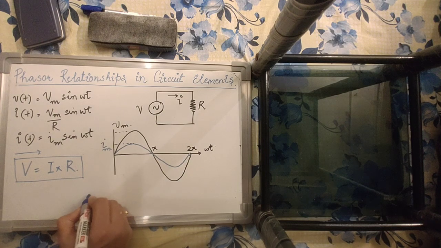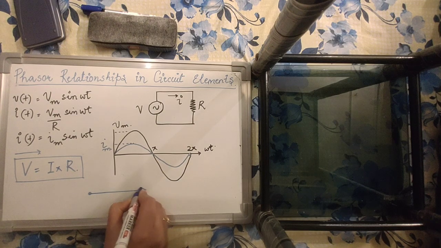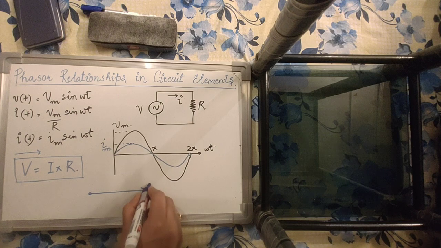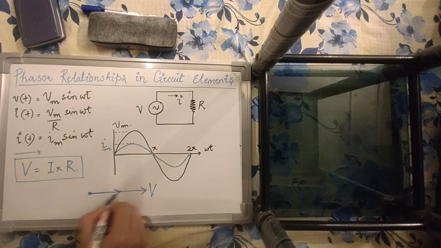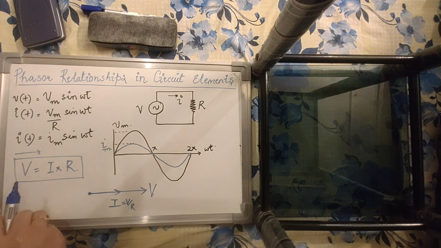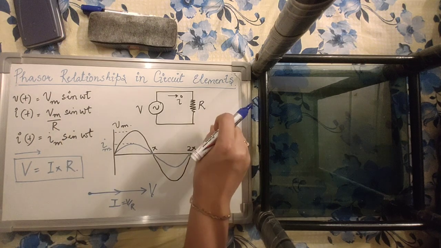So we can say that if the voltage phasor is like this, let's call it V, then the current phasor is going to be in the same phase as voltage, just scaled by the value 1 upon R, or you can say V is scaled by R. This is about phasor relationships in a simple resistive circuit.